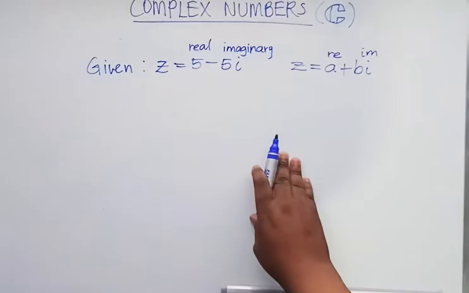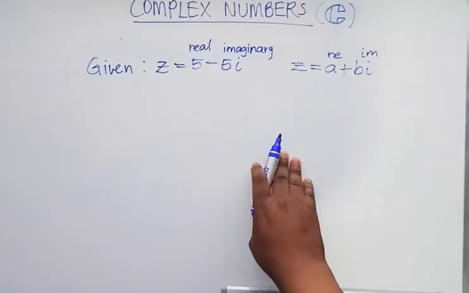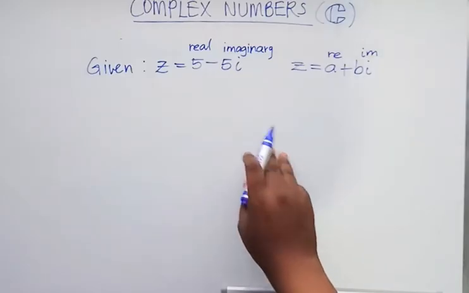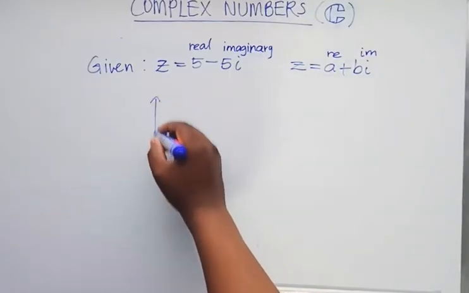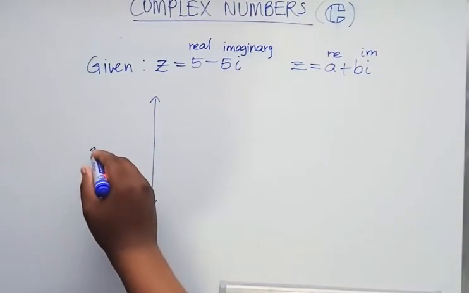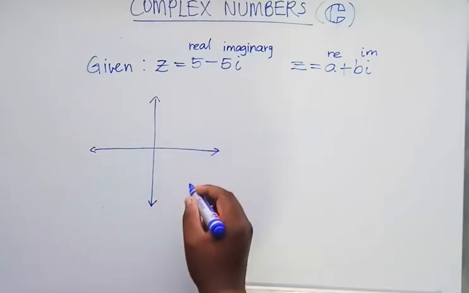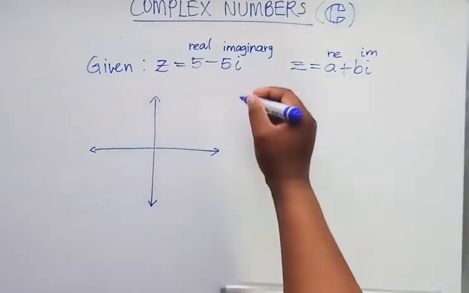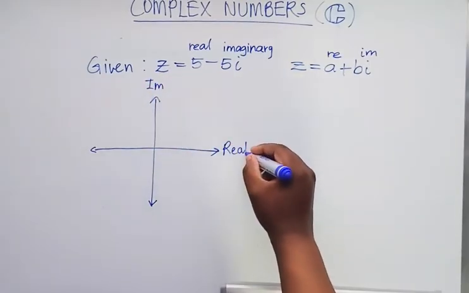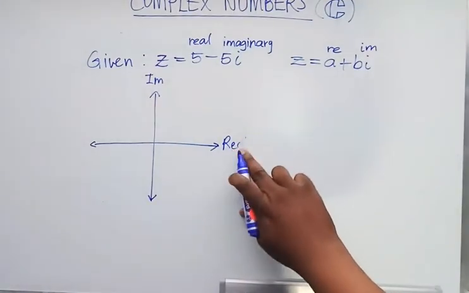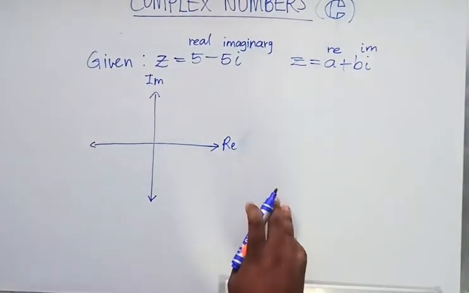Okay, so the first question says, write down the quadrant in the complex plane in which z lies. You need to write down the quadrant where this complex number lies in the complex plane. So here's our complex plane. Our complex plane contains your imaginary axis as well as your real axis, and we like to say Re instead of real, just to shorten it.